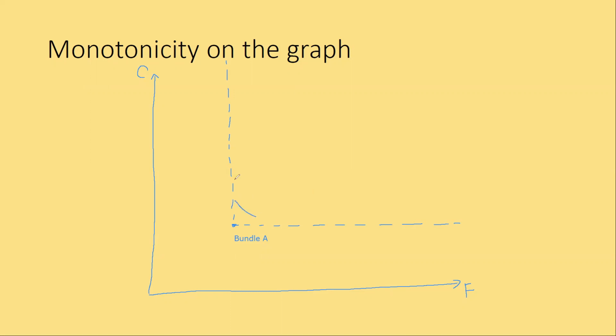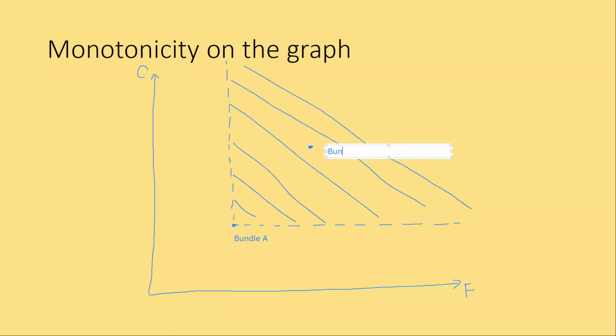So for any bundle that is in this shaded area, we can conclude that we are going to prefer those bundles or those points over bundle A, right? Because if we look at a single point here, which is bundle B, this is bundle B.